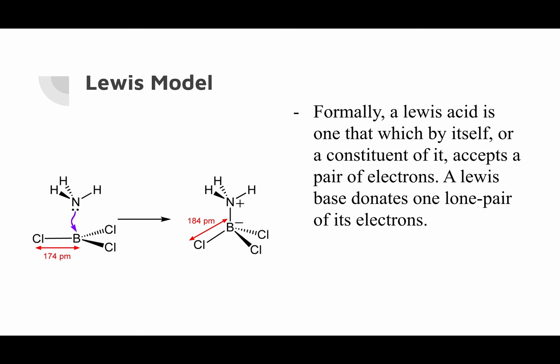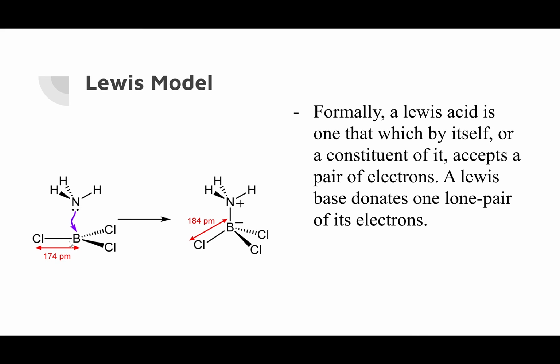And so the Lewis model, developed by the American chemist Gilbert Newton Lewis, states that formally, a Lewis acid is one which, by itself or a constituent of it, accepts a pair of electrons, and a Lewis base is one that donates a lone pair of its electrons. One example of a Lewis acid-base reaction is ammonia reacting with boron trichloride.